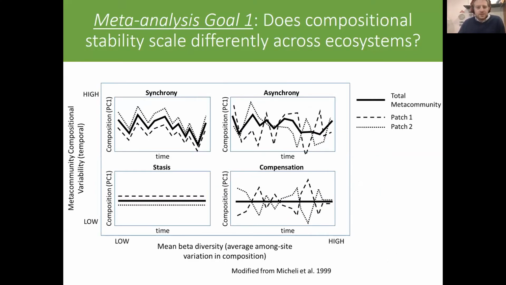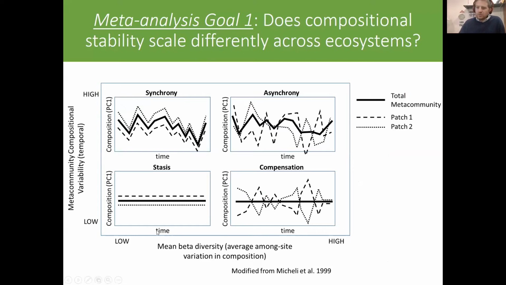Okay, so the goal of our meta-analysis is to address the question, does compositional stability scale differently across ecosystems? Here we've adapted the Micheli et al. figure to think about how compositional variability can scale in metacommunities.